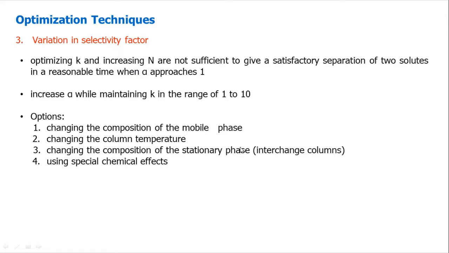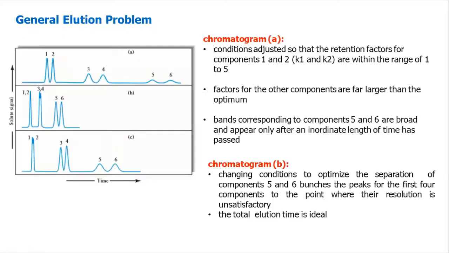So increase alpha while maintaining k in the range of 1 to 10. So options are changing the composition of the mobile phase, changing the column temperature, changing the composition of the stationary phase or interchanging columns, then using special chemical effects.